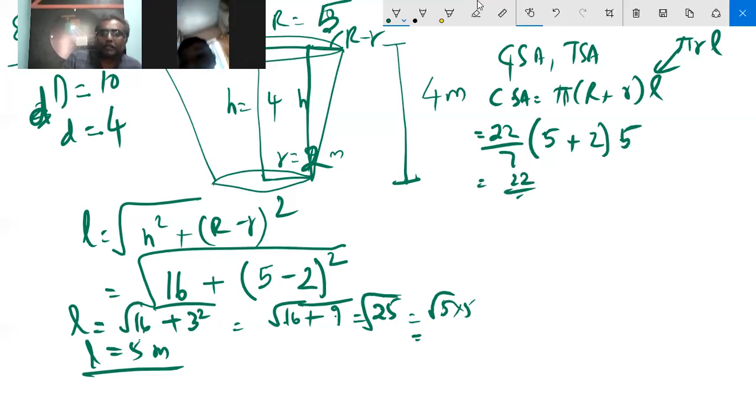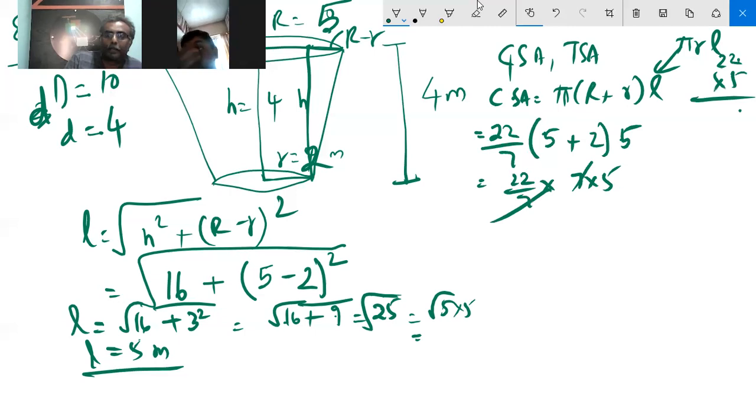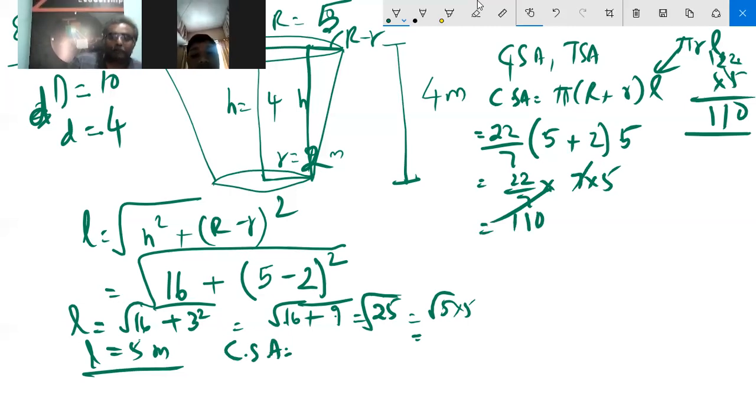So 22 by 7 into 5 plus 2, that is 7. 7 and 7 cancel. 22 into 5 is 110. So CSA is equal to 110.